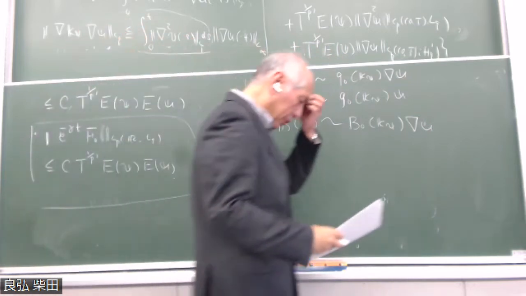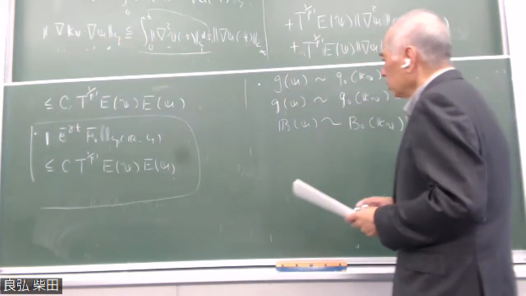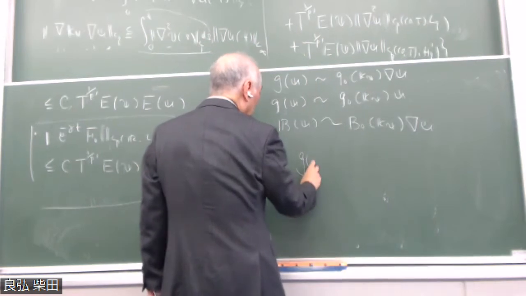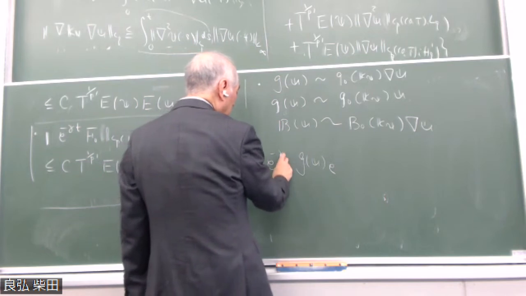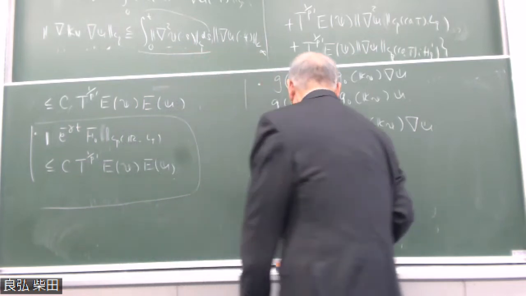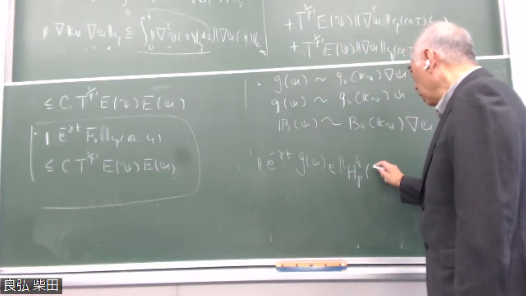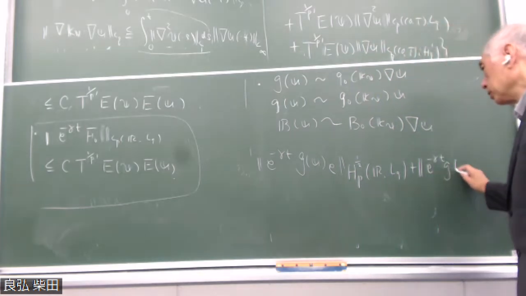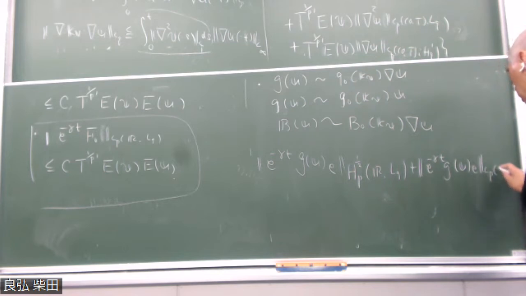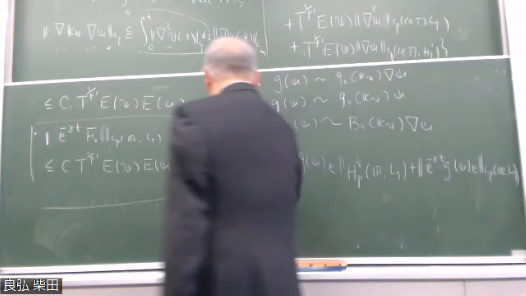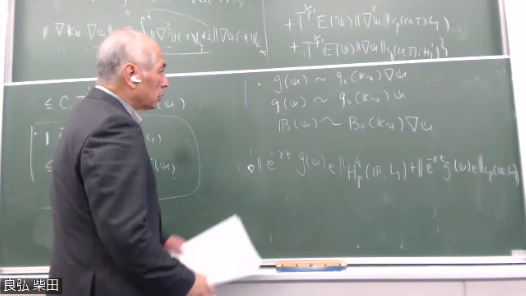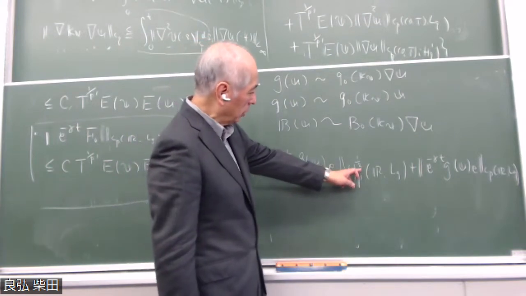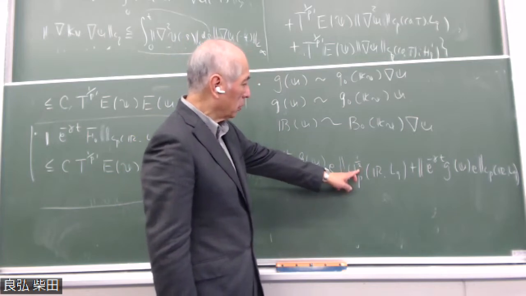And then what we have to estimate is, if we use the distance, first we define some extension, and then we take the e to the minus gamma t norm of h1/2 p r q plus e to the minus gamma t G of U in L p r L q. And here is the h1/2 derivative, so it is not good.